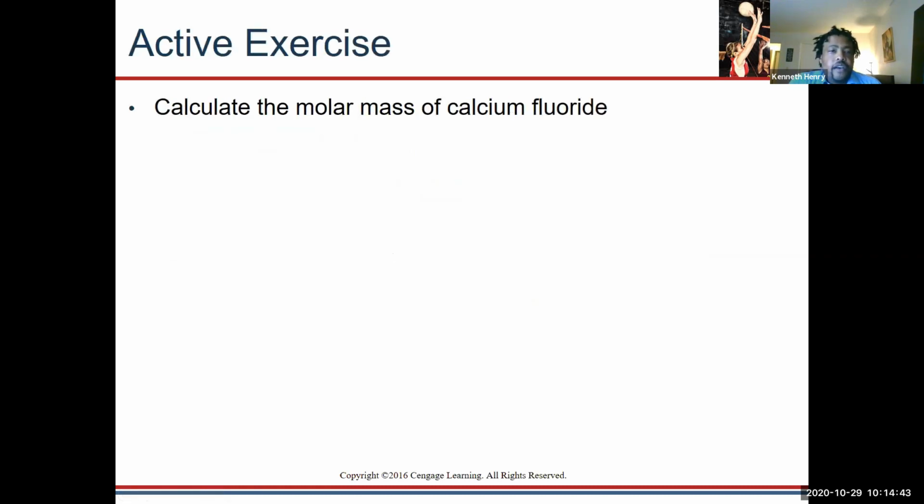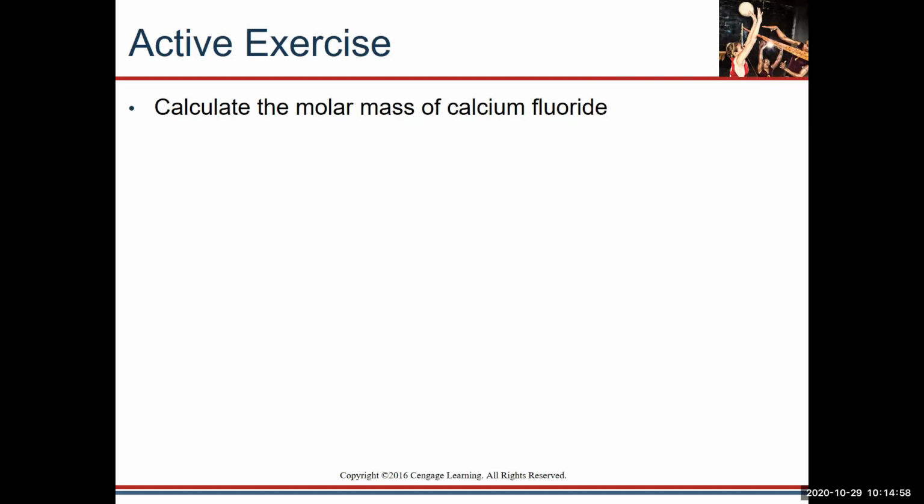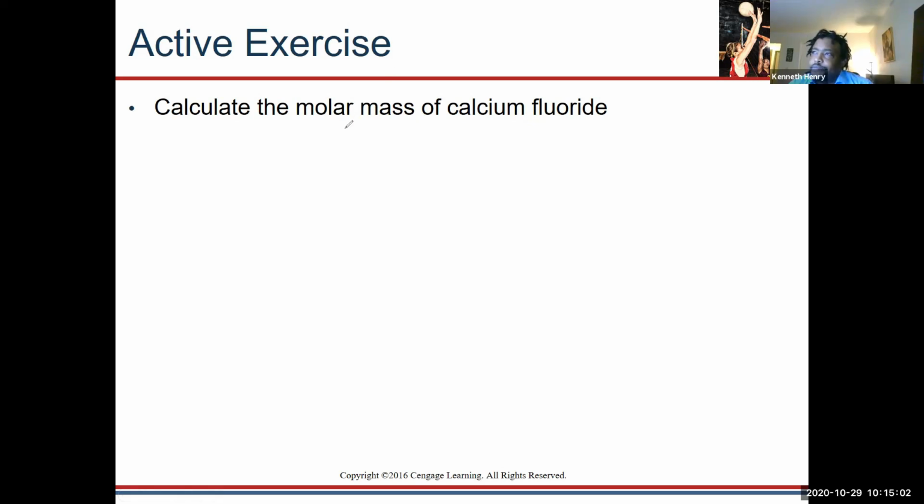So let's test this out. Calculate the molar mass of calcium fluoride. So the first thing I want to do is figure out the chemical formula. What is the chemical formula for calcium fluoride?